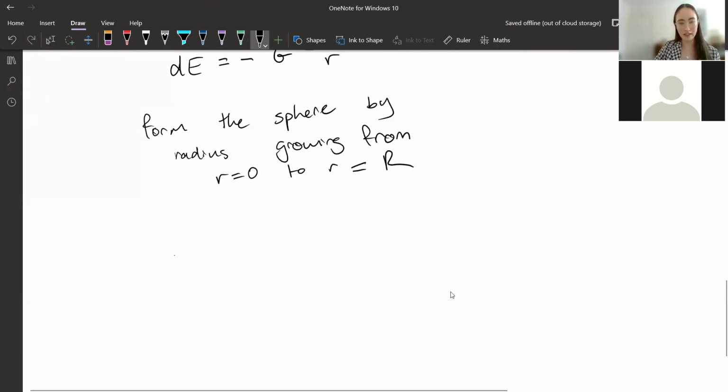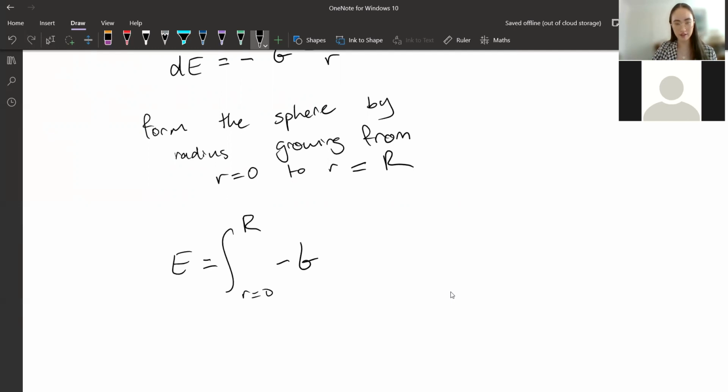So that's just going to be E is equal to the integral from r equals 0 to big R of -G M dm over r. Now we've got an integral going from a distance to another distance in terms of our mass.